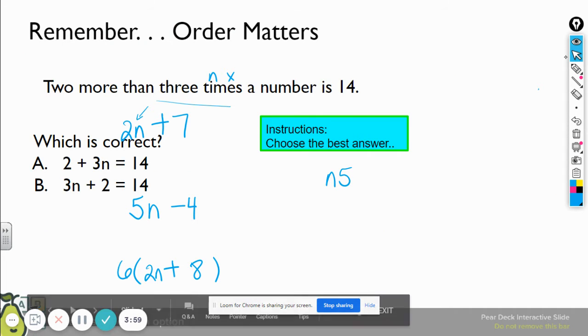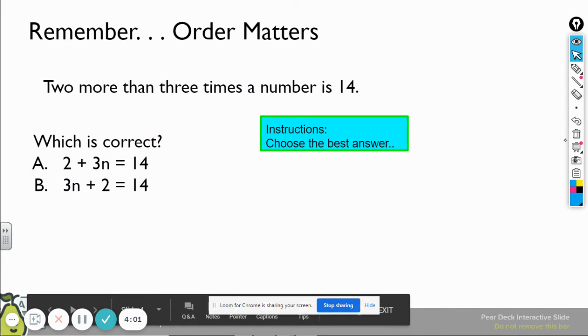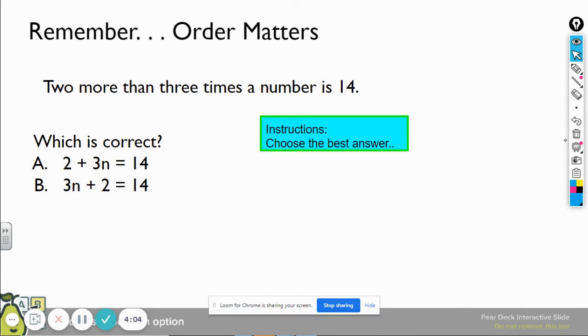Okay. So in this particular question, sometimes order really matters. 2 more than 3 times the number is 14. If you look at these two and you solved either one of them, you would get the same value of n no matter what, right? Because with addition and with multiplication, order doesn't matter. But when we translate, we pay attention to the way it's written.